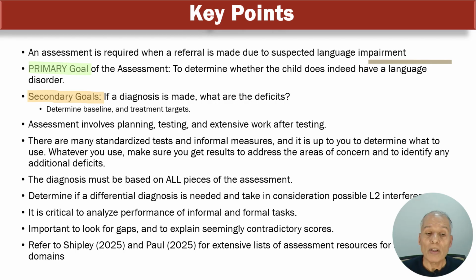So these are very, very valuable things to have. And if you have the textbook, Paul also provides a lot of resources, but the extensive ones are in Shipley, and they will suffice. Shipley also provides an exhaustive list of all language testing materials and screening materials right there in one place, and they have that chapter online.